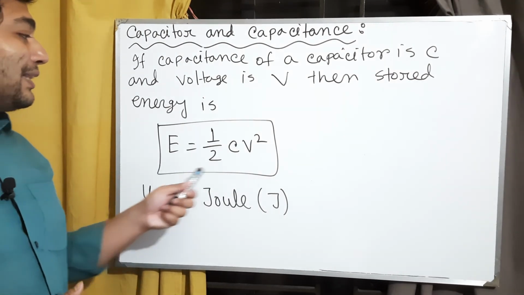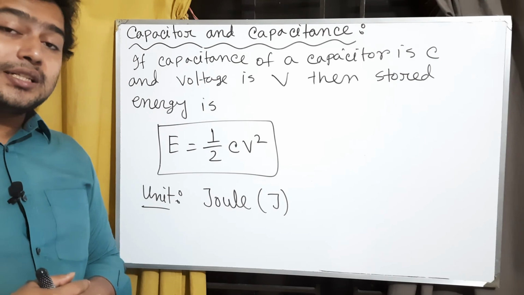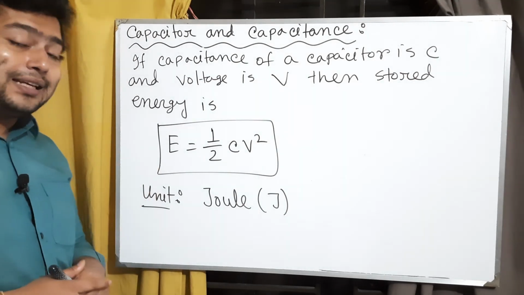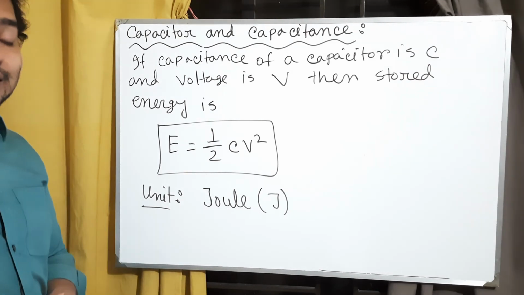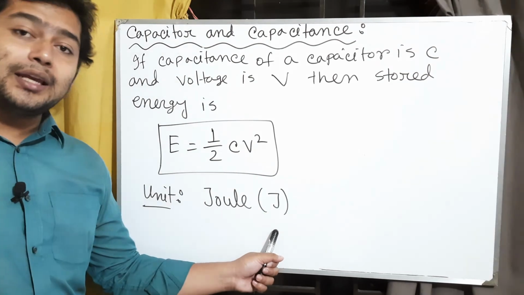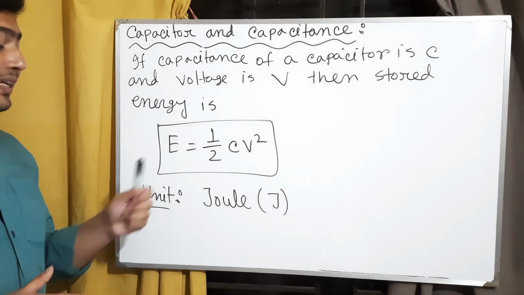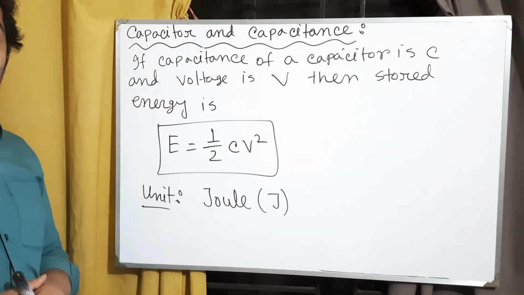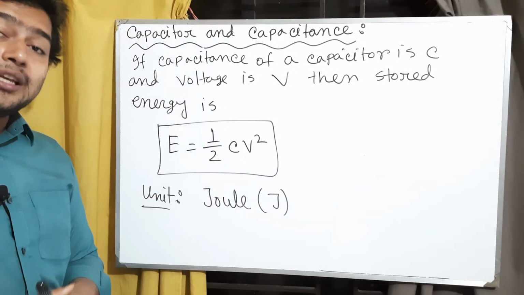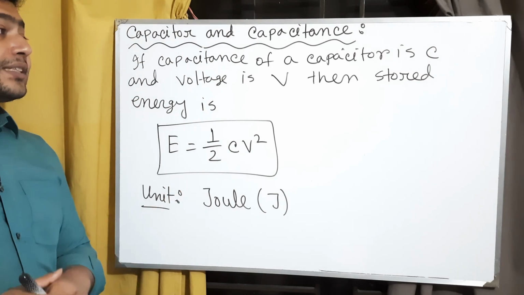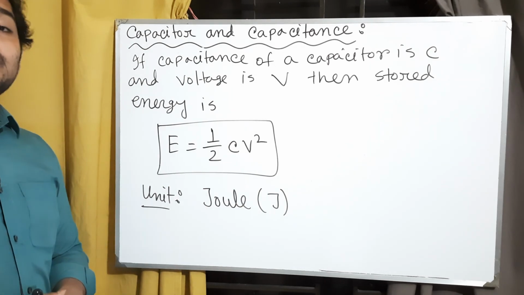So this amount of energy will be stored in a capacitor. Here E is our stored energy and the unit of this energy is joule, which is denoted by J. I am repeating again, E is our stored energy in our capacitor and E equal to half of C into V square. Here C is the capacitance of a capacitor, and V is our voltage.